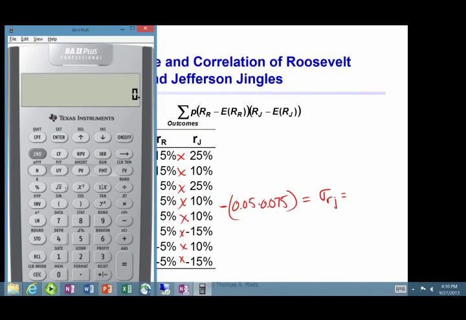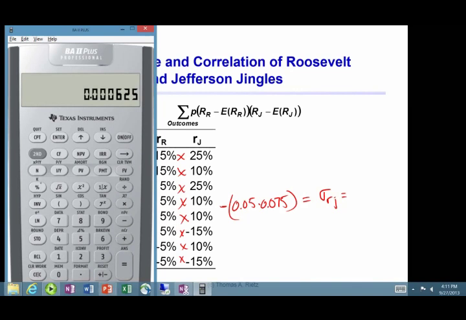Starting at the top row, an eighth of the time, we get 15% times 15%. An eighth of the time, we get 15% and 25%. An eighth of the time, it's 15% and 10%. An eighth of the time, it's 5% and 25%. An eighth of the time, it's 5% and 10%.